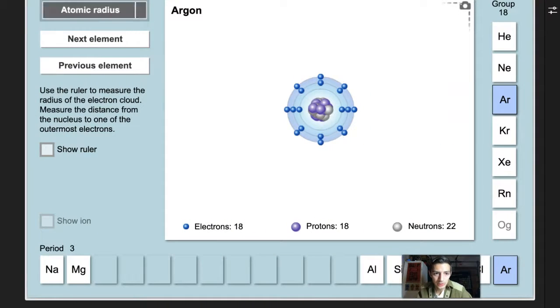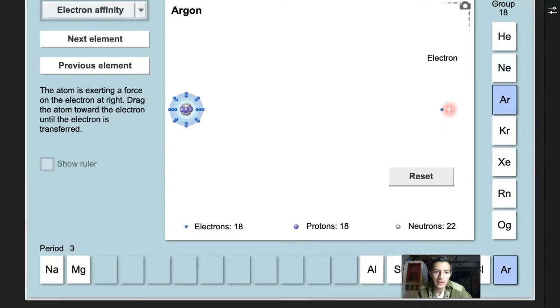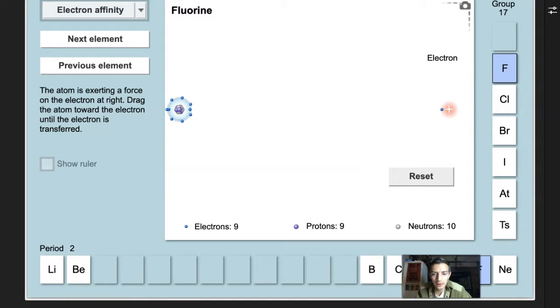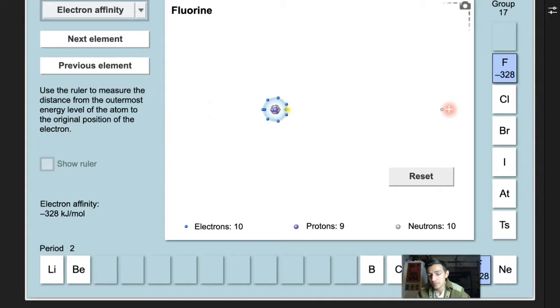It's similar to that idea. Electron affinity, in this example, let's pull one that we said is the strongest element, fluorine. Its ability to desire more electrons is very, very strong. Its ability to pull an electron from another atom is very, very strong.